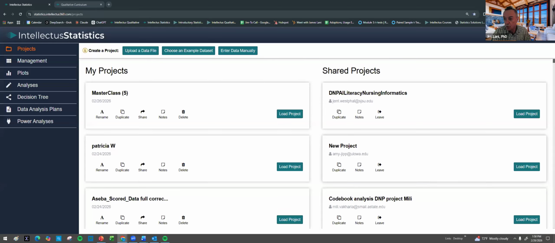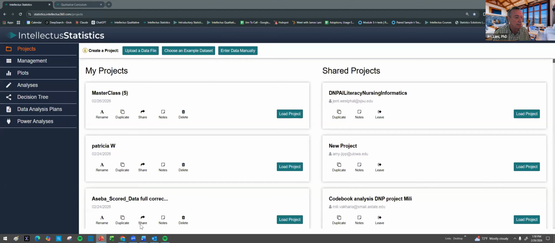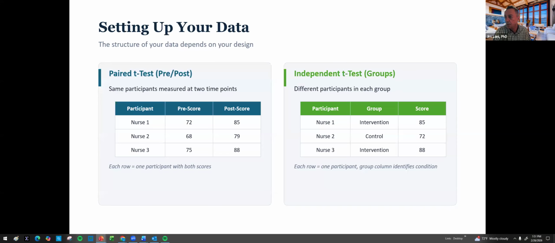Okay, so good question. So let's go back. So when you have the same people that take the pre and post, we are paired. So instead of group, you have not intervention and control.